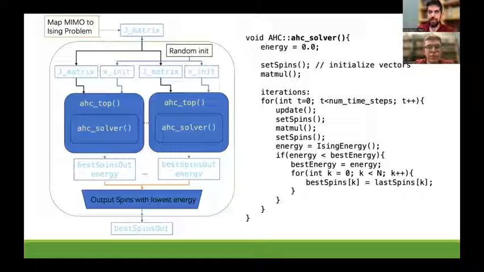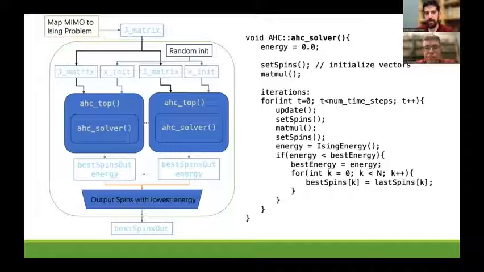Here we see a lower level depiction of the mapping from the MIMO detection problem to our Ising problem. So first we transform the MIMO inputs to a J matrix, which in addition to our initial spins gets fed into our AHC algorithm implementation in software.